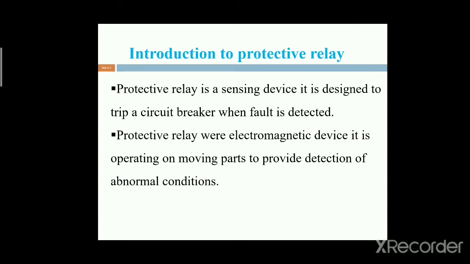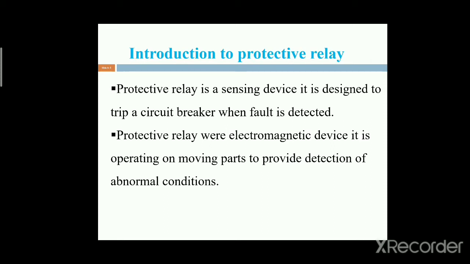If any fault occurs in the power system, then within a very short time the relay gives a signal to the circuit breaker, and then the circuit breaker will be operated. That is the main principle of protective relays.